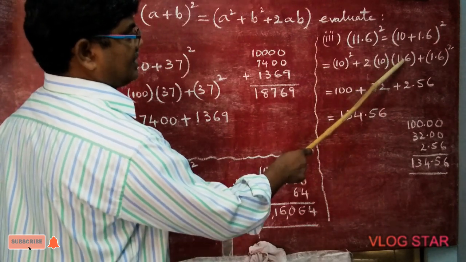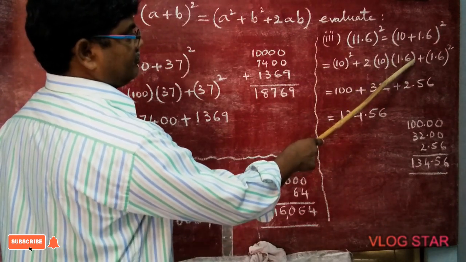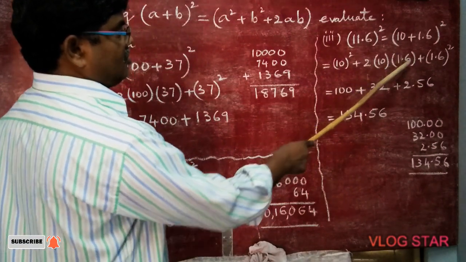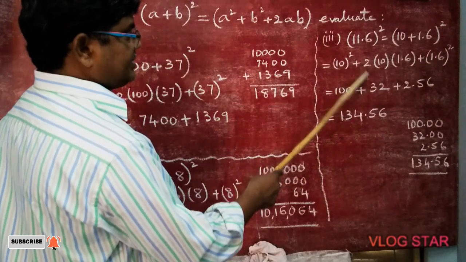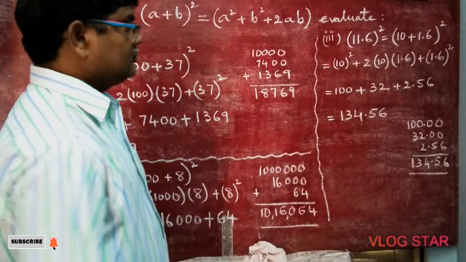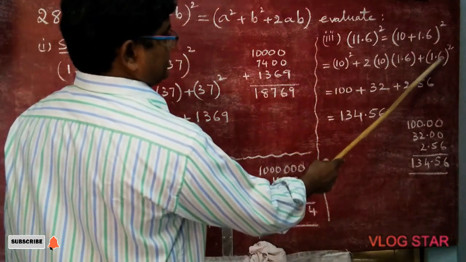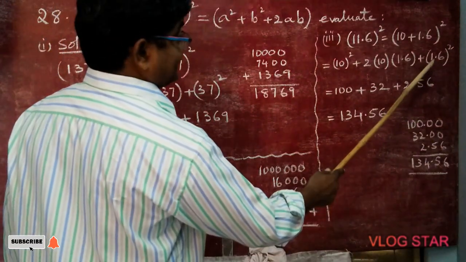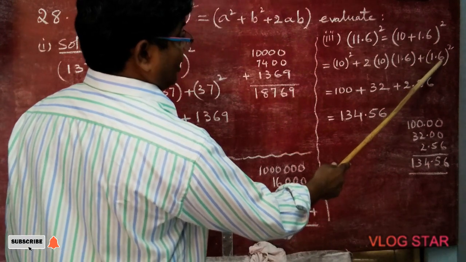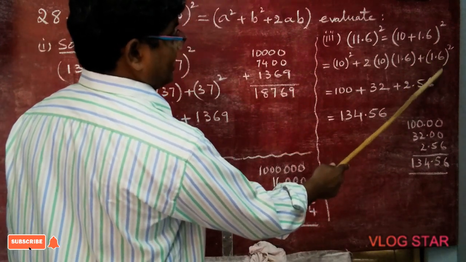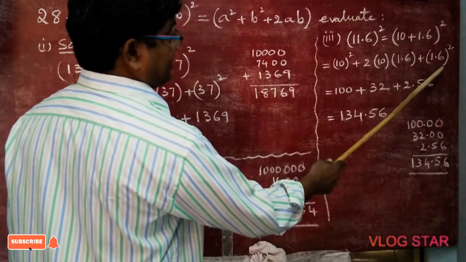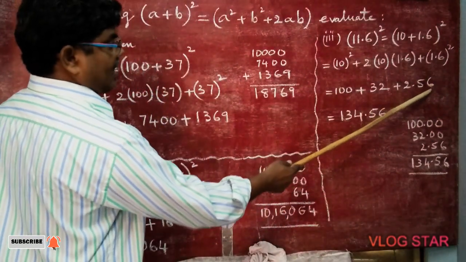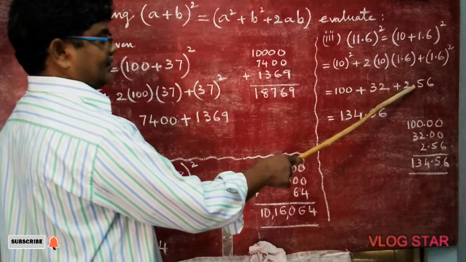Multiplying with 10, the decimal moves to the front by 1 digit, because 10 has 1 zero. 16, 16 2s are 32. Now 16 16s are 256. But here it is 1.6 into 1.6. From decimal to decimal, count how many digits there are: 1, 2. So from the back you have to count 1, 2, then put the decimal here.